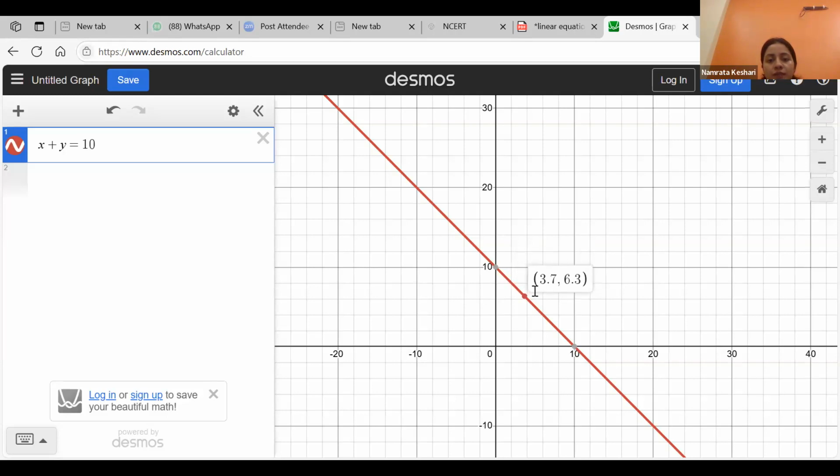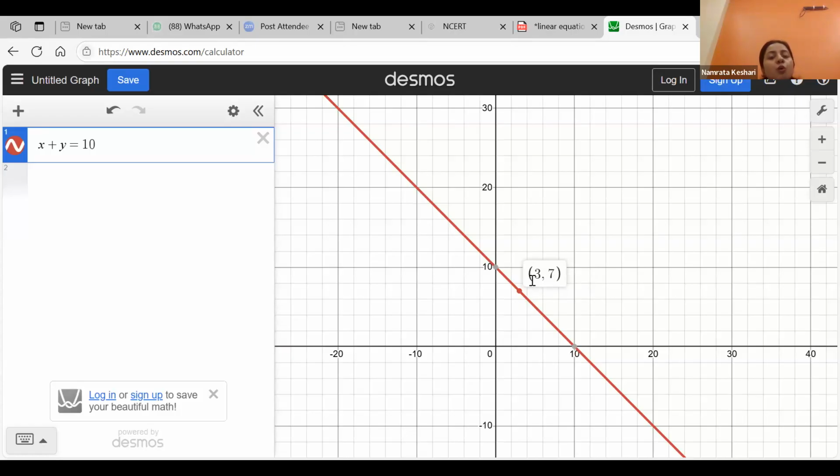Or maybe x can be 3 and y can be 7 as well, right? Can you see? Yes, ma'am. So these are only a few possibilities I have shown you.